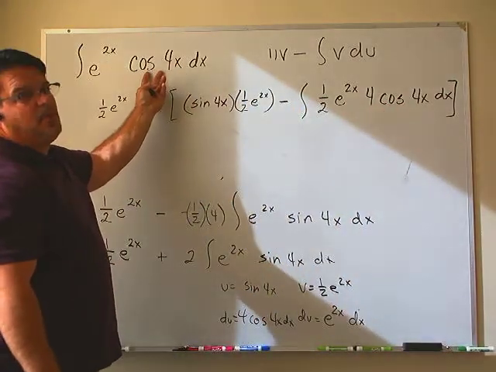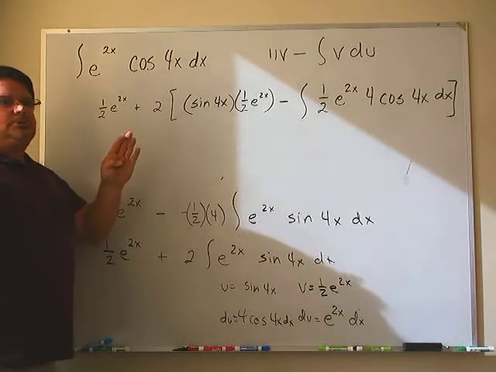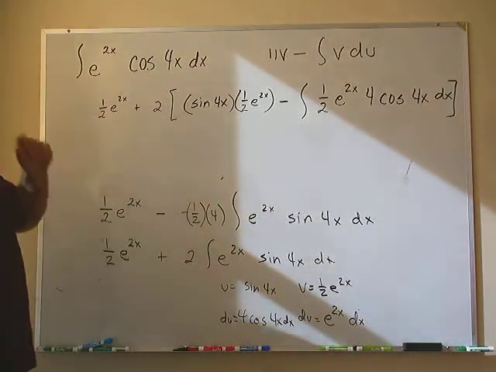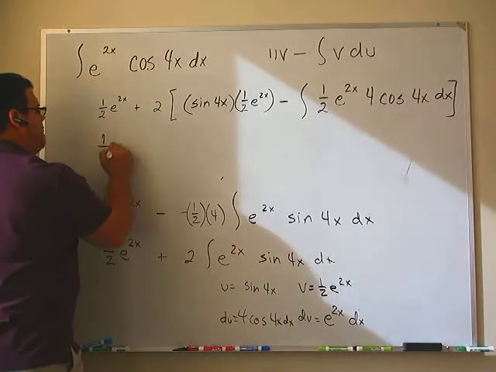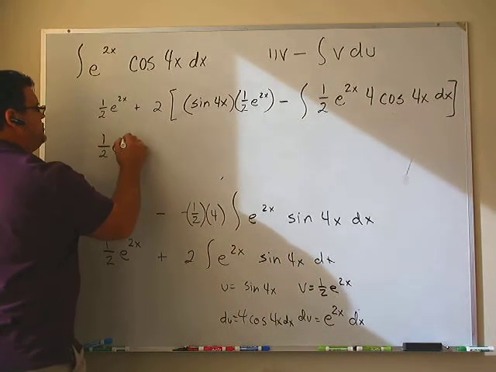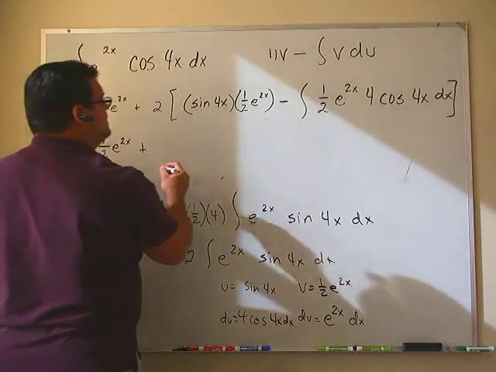Now notice right here that we have 4 cosine of 4x here, and then here we have cosine of 4x in the beginning problem. So we might be able to use that to help finish this problem. So let's go ahead and clean it up with our algebra.